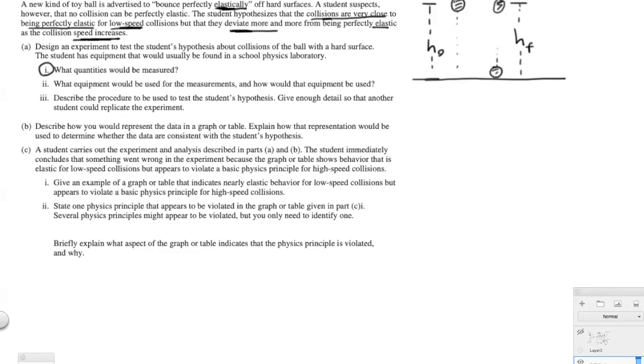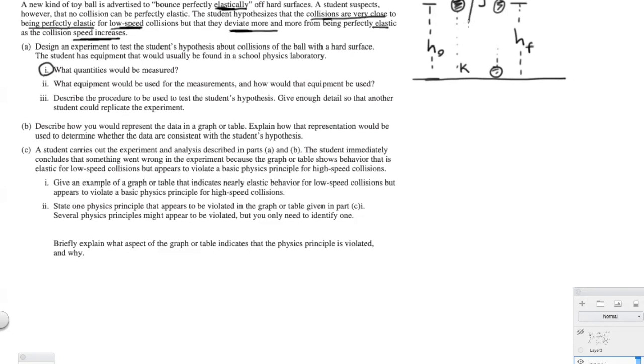The ball here starts with potential of gravity. Because it starts at rest, there's no kinetic at the beginning. This potential of gravity gets converted to kinetic energy 100%, assuming that there's no air resistance.